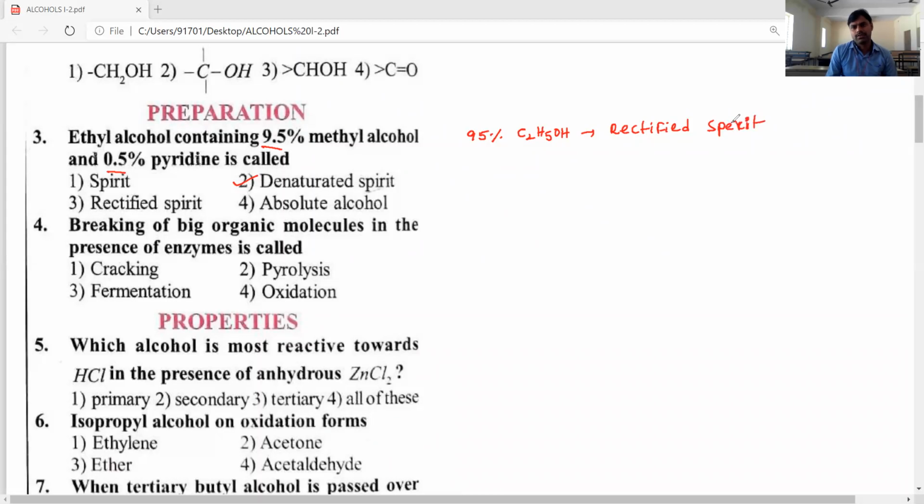Okay, students, rectified spirit. See here, 90 percent ethyl alcohol, C2H5OH, plus the remaining 9.5 percent methanol and 0.5 percent pyridine is known as denatured spirit.